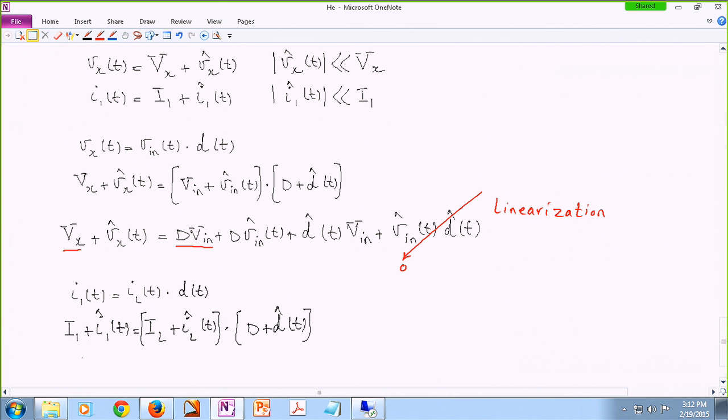And then you expand it again, you end up with IL times D plus D times the small signal perturbations in the inductor current plus a small signal perturbations in the duty cycle times IL plus both small signals multiplied by each other.